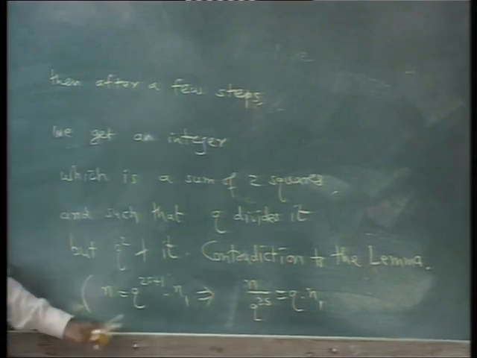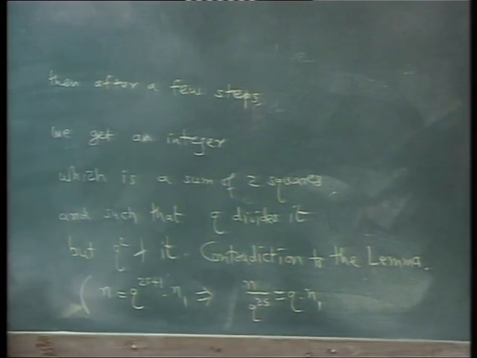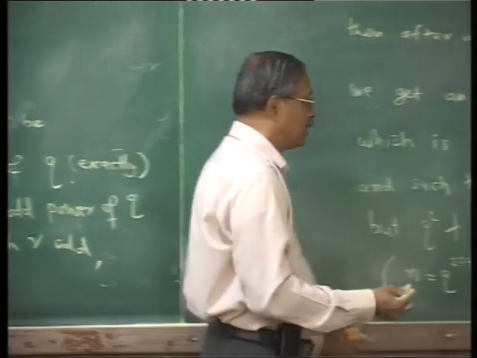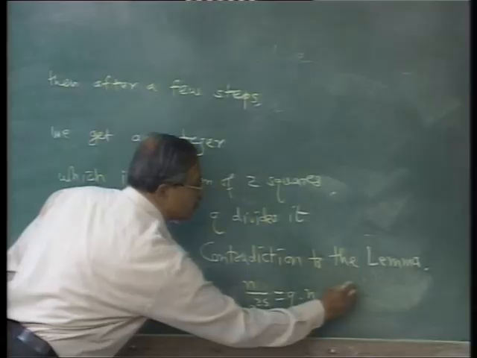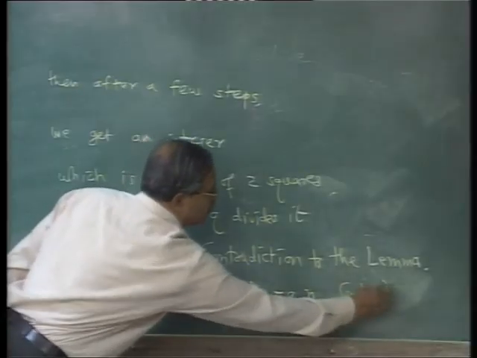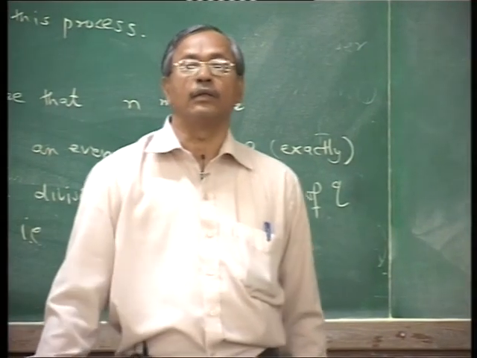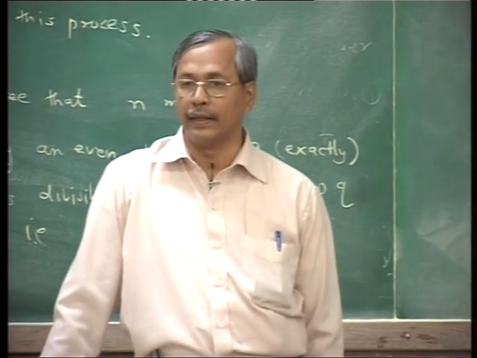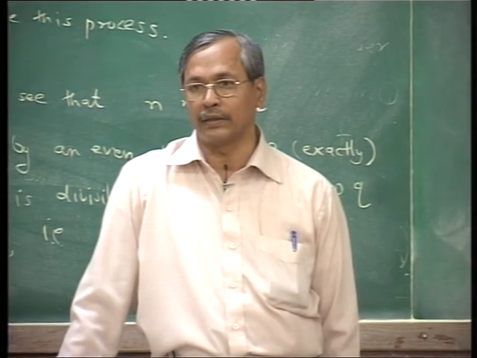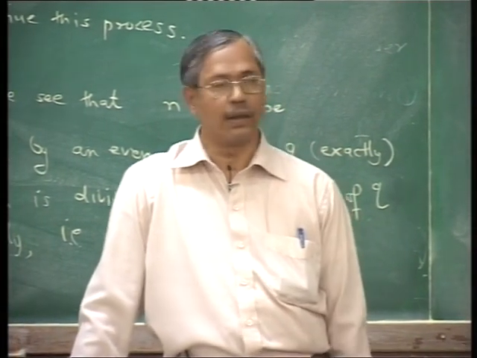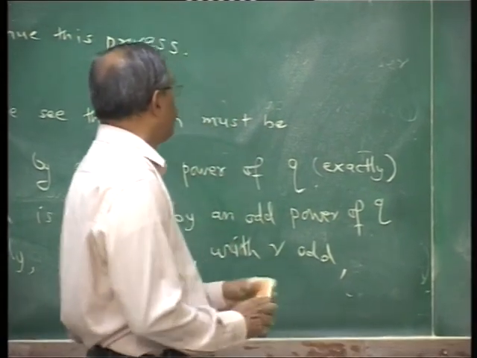So n by q raised to 2s is q times n1, it is divisible by q but not by q square. Such a thing should not happen. This is a contradiction. So this proves that the power of q appearing in the canonical factorization of n must be an even power, and that proves the result of Fermat.